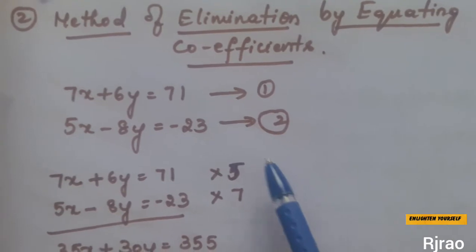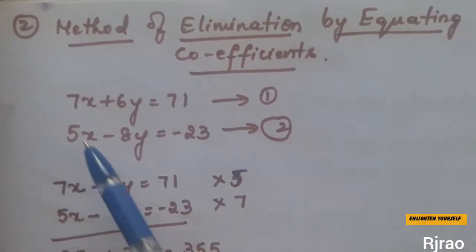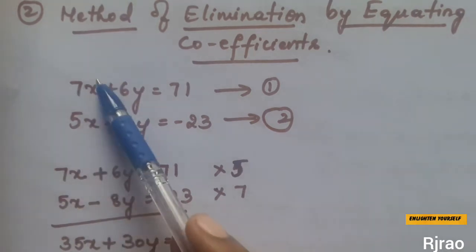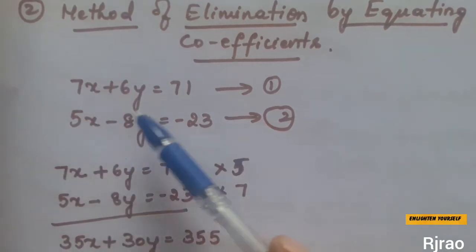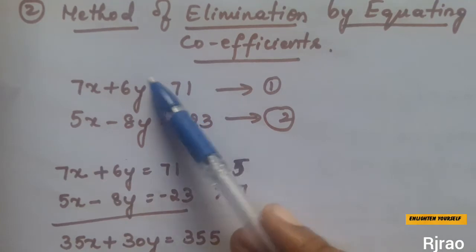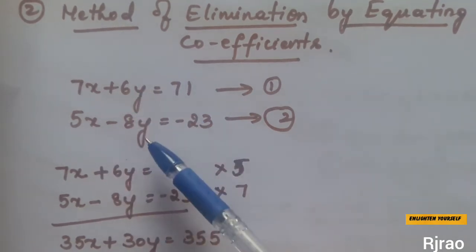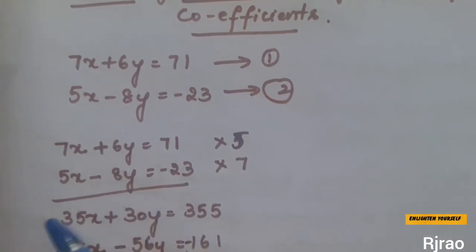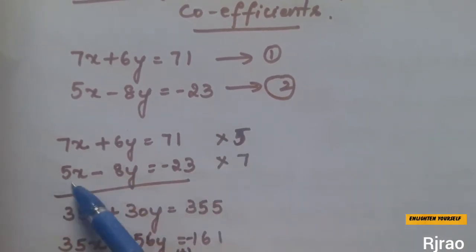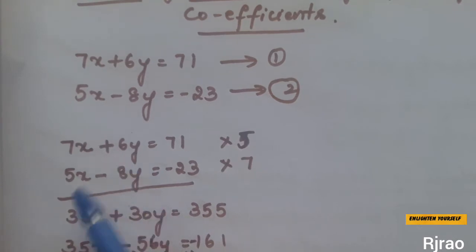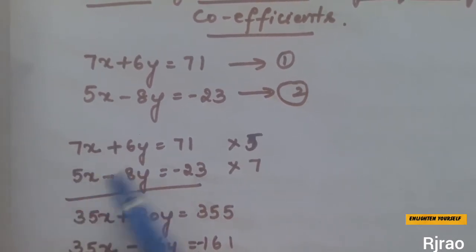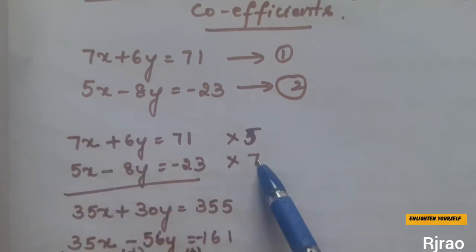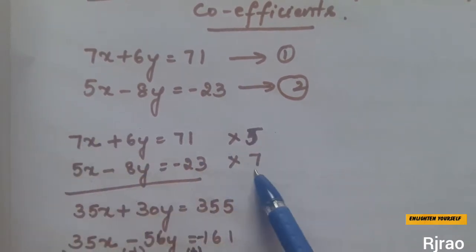What we have to do here is, either from the x variable or the y variable, we have to make the coefficients equal. So here we can multiply the first equation by the number 5 and the second equation by the number 7.